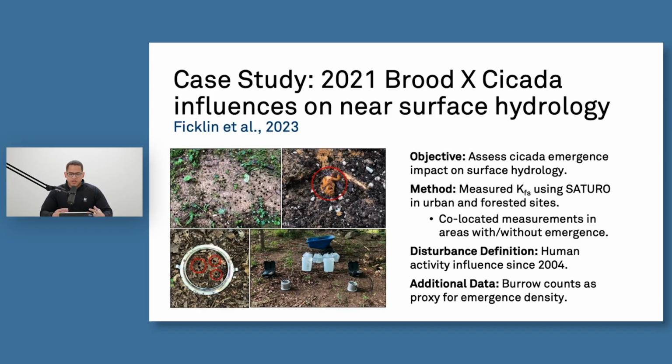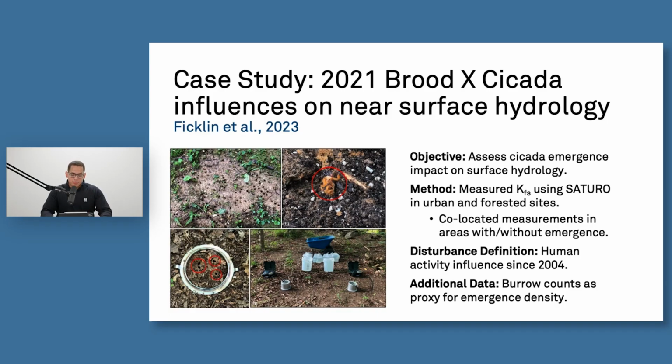And within each area, they made co-located measurements in areas with no visible emergent sites to allow for a direct comparison of soils in the same landscape and of course, in the same settings. And just to clarify, their definition of disturbance is whether the soils are currently influenced by human activities and whether these activities remained similar since the last emergence in 2004.